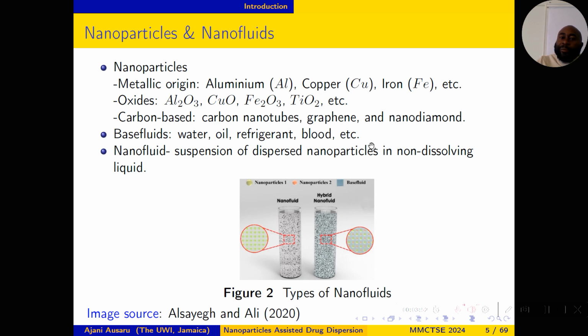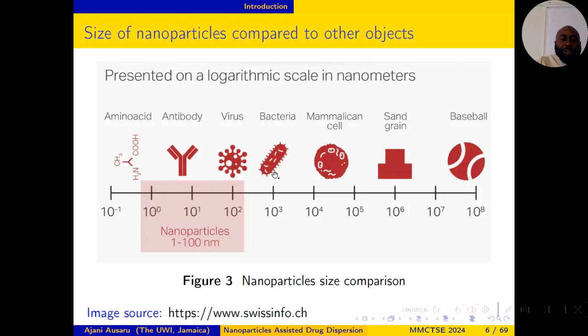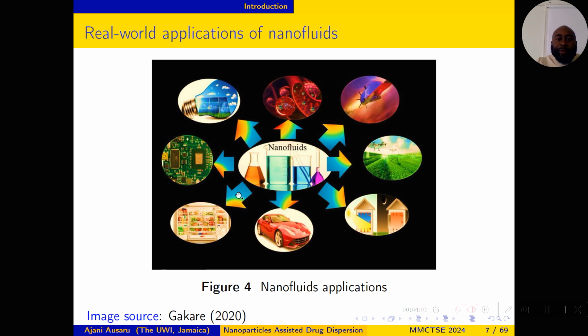It is a suspension of dispersed particles in a non-dissolving liquid, and we're talking about particles on the scale of 1 to 100 nanometers. Its applications are widespread in many areas: making transistor chips, refrigeration, automobiles, agriculture, fertilizers, and so on.